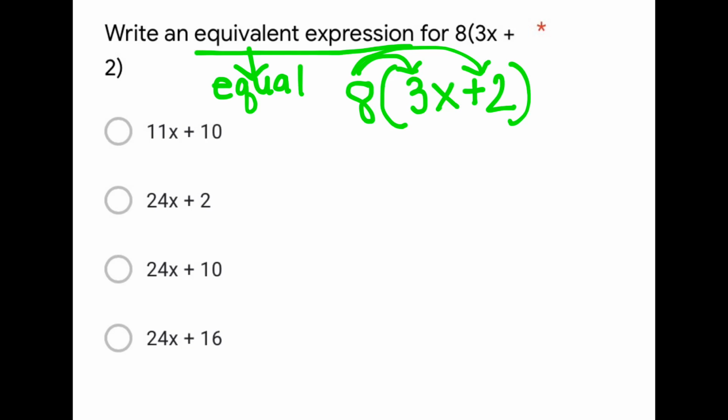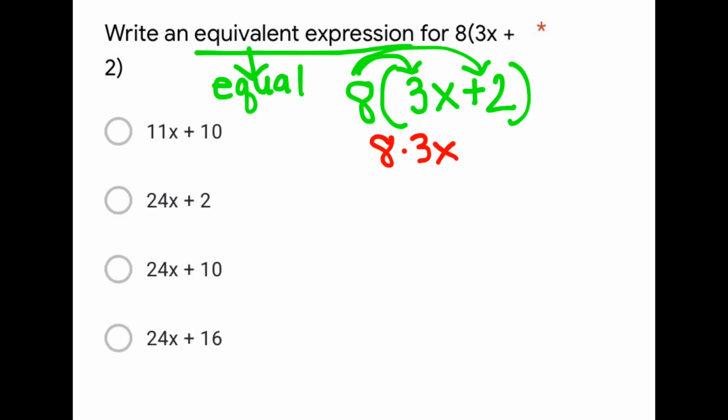In order to do that, we are multiplying. When a number is outside of a parenthesis, that means to multiply. The first thing we need to do is 8 times 3x. That will be our first term.